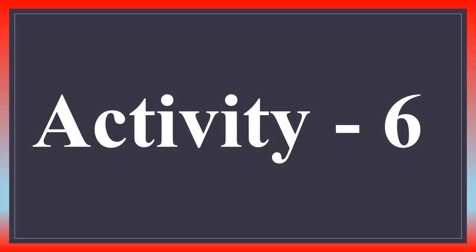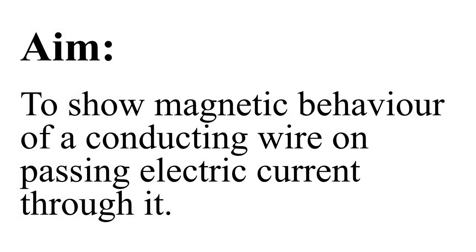Now, let's perform activity number 6. Aim: to show magnetic behavior of a conducting wire on passing electric current through it.